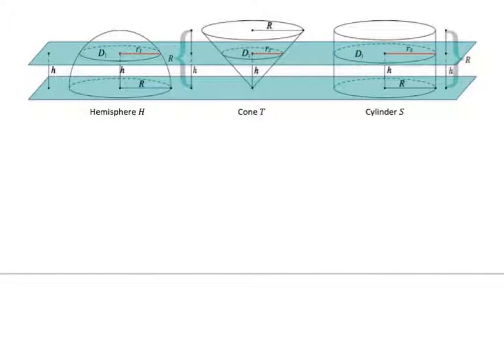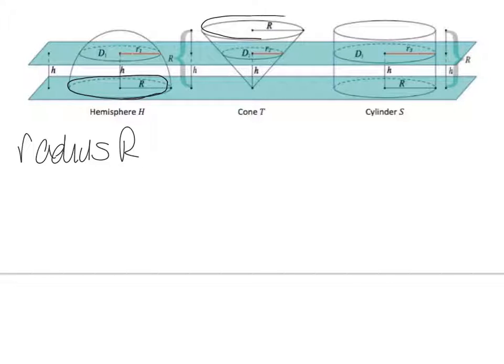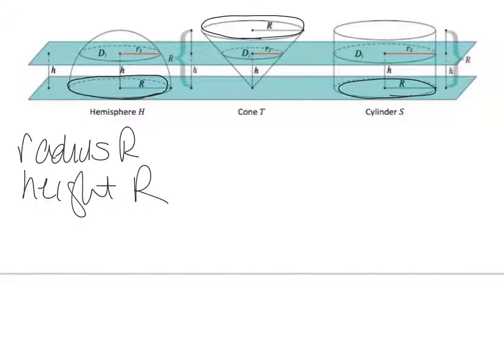If we consider these solids, they each have a radius r. That's the radius of the biggest part here, the base. So they each have a radius r and a height r. Your height and your radius are equal. That's why they have the same variable. So they are all resting on this plane right here.